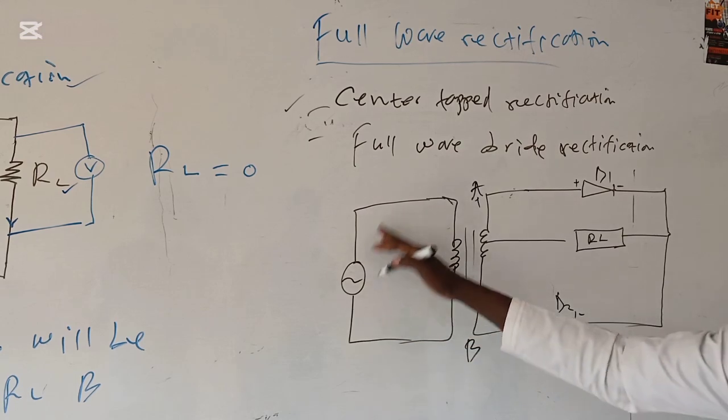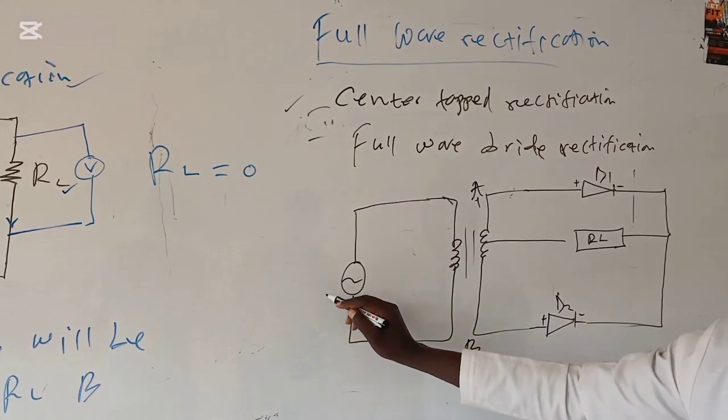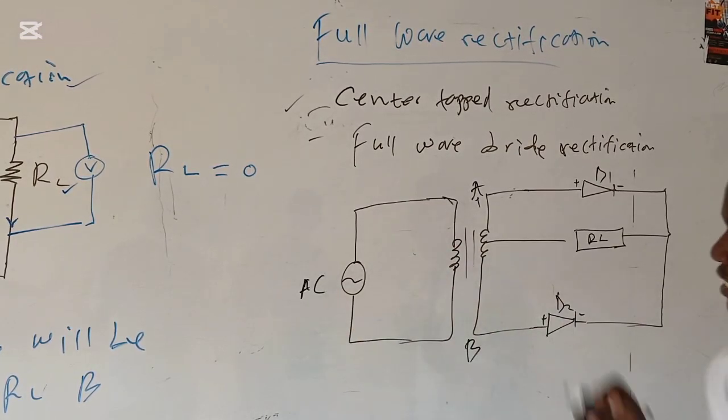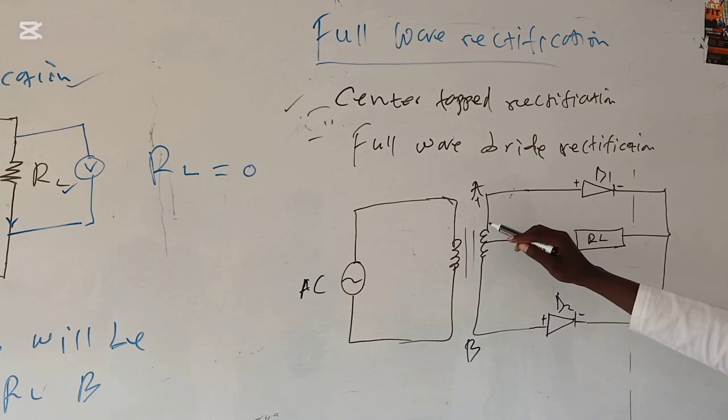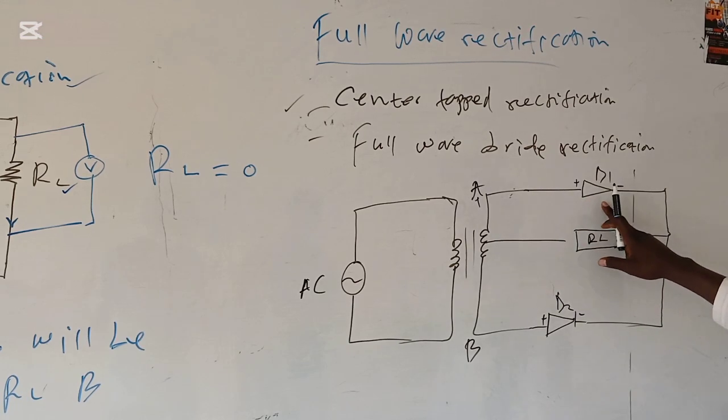During the positive half cycle of the alternating AC voltage, we find diode 1 in forward biasing.